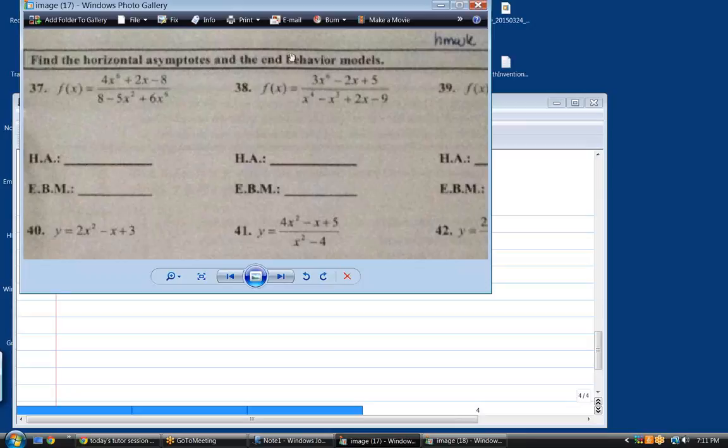That's also the answer to the end behavior. When they say end behavior, they mean what happens to f of x as x goes to infinity and negative infinity. So these two questions are the same thing.